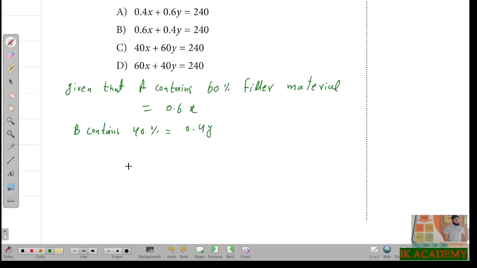The total weight is 240 pounds, and we can find this total by adding both materials.